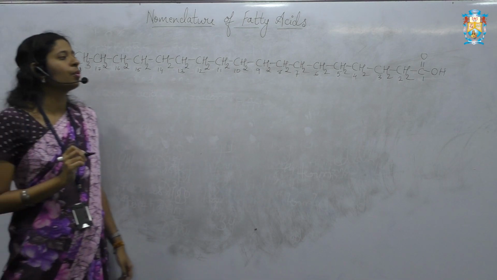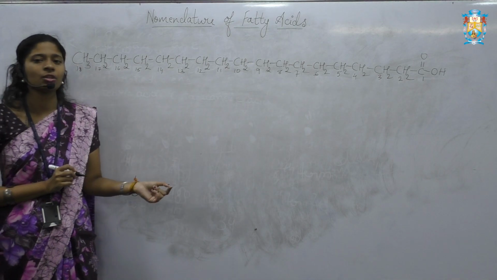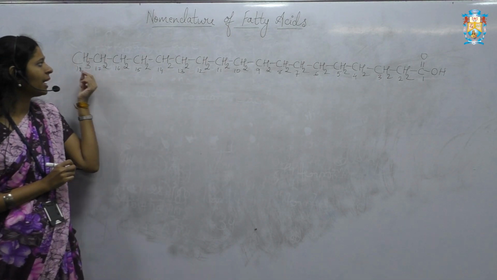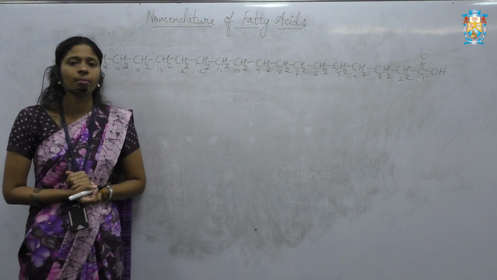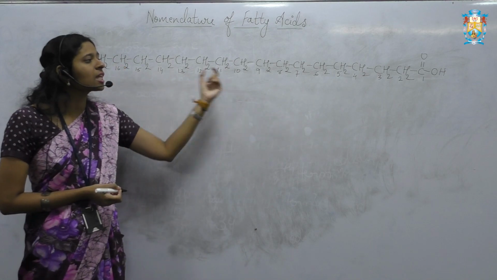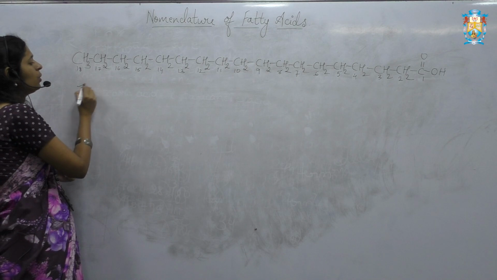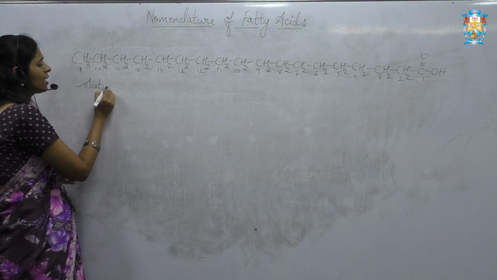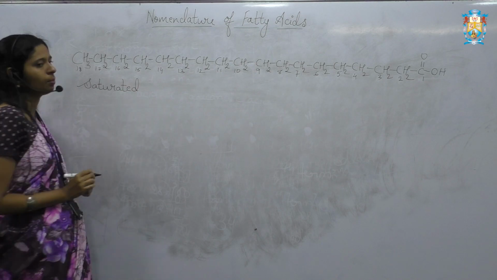So we start the numbering from the carbon atom of the functional group, that is the carboxylic acid group, and we do the numbering where we end at the 18th carbon atom. So this is how we do the numbering. Now if you see the whole molecule, there is only a single bond present in the molecule, and hence such type of molecule is called a saturated compound. It will come under saturated compounds.